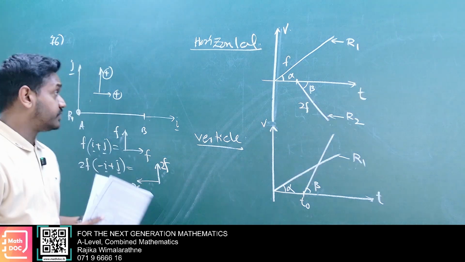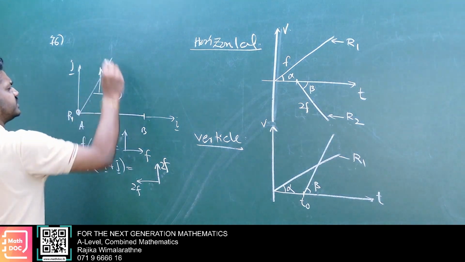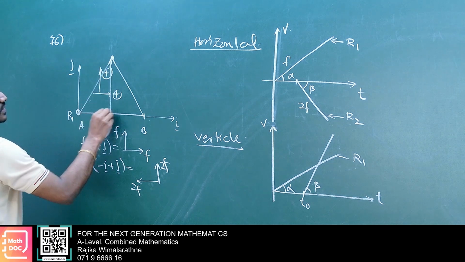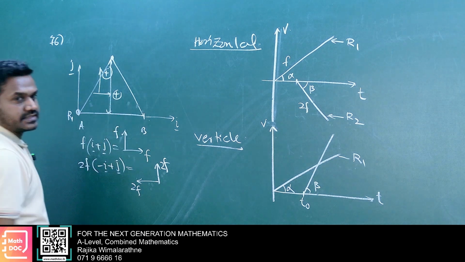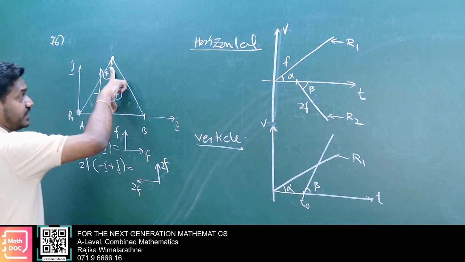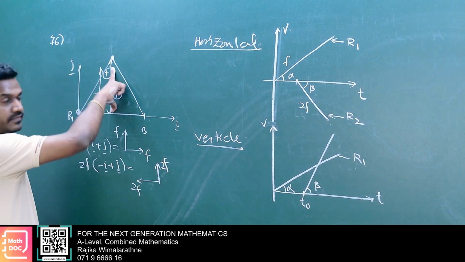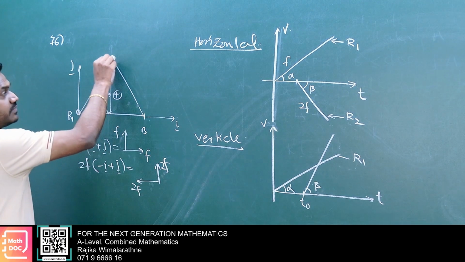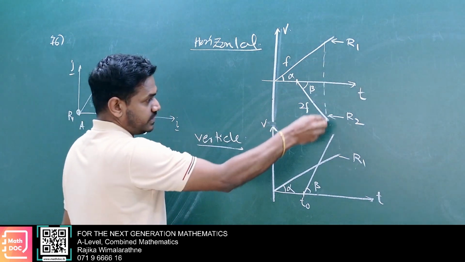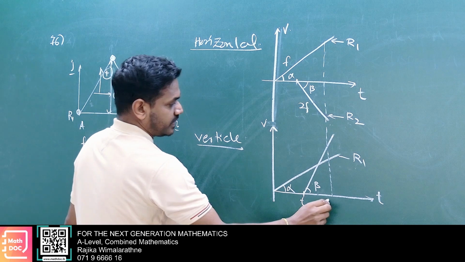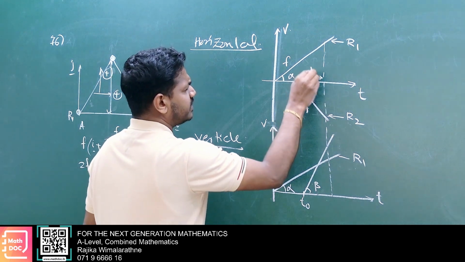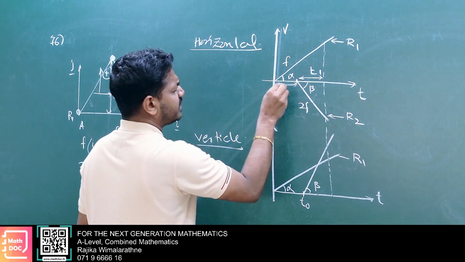So when they collide together, it moves this way. When they collide together, both vertical displacements are the same, because when they collide, they are at the same point, no? Therefore consider the collision here, and the corresponding time T1, here T naught.